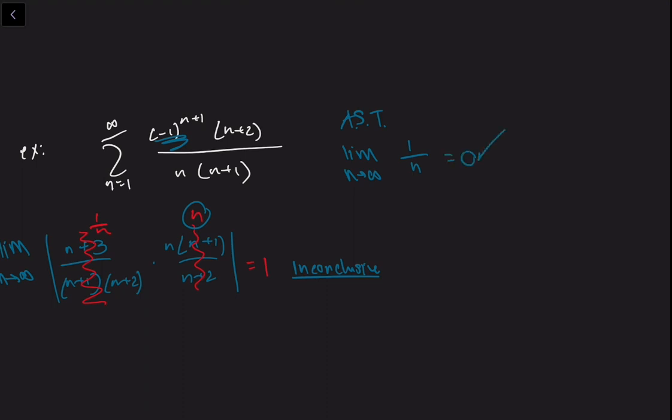And is it decreasing? Yes, it is decreasing, because just plug in a number. Plug in 5. You're going to get 7 over 5 times 6, 7 over 30.